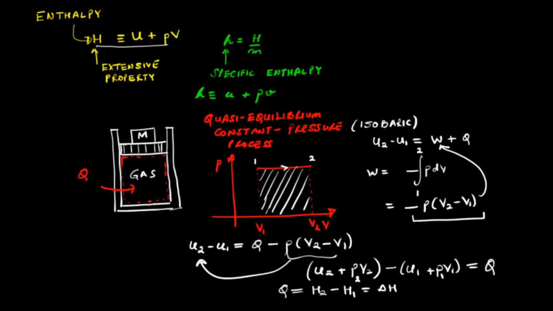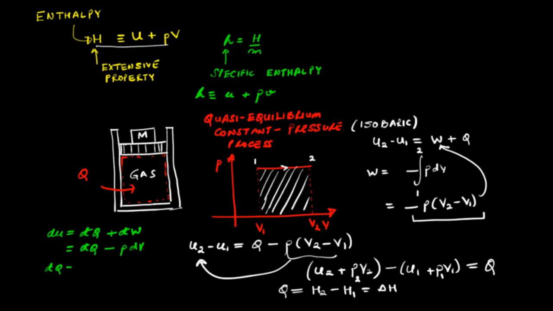You could also show that enthalpy comes into the picture rather than looking at this finite isobaric process. Even if we considered an infinitesimal change in the state of this gas, then we could have written dU is equal to dQ plus dW. This is the differential form of the first law, and this is dQ, and the work done on the system is minus P dV.